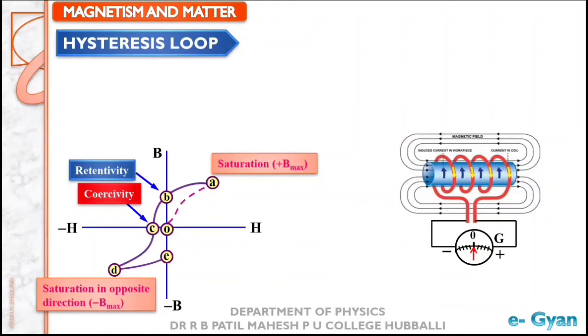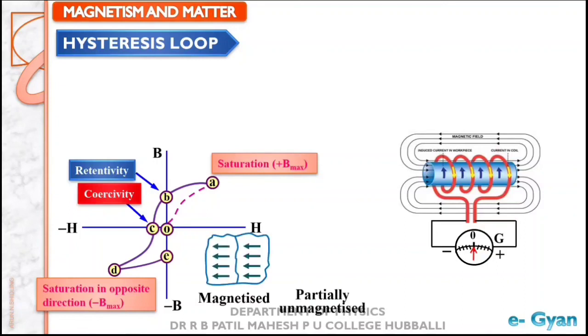Here we would have expected the curve to go from D to O, but it is not going to the unmagnetized state O; rather, it goes to a point where some amount of residual magnetic field is retained in it. So from D, the magnetized state, it has come to a partially magnetized state, that is, at point E.